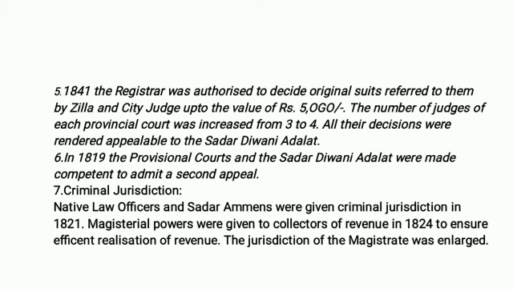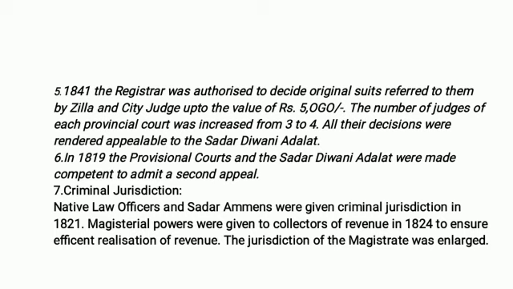The number of judges of each provincial court was increased from 3 to 4. All their decisions were rendered appealable to the Sadar Diwani Adalat. Number 6, in 1813, the Provincial Court and the Sadar Diwani Adalat were made competent to admit a second appeal. So the whole criterion of second appeal was introduced here in the Sadar Diwani Adalat.